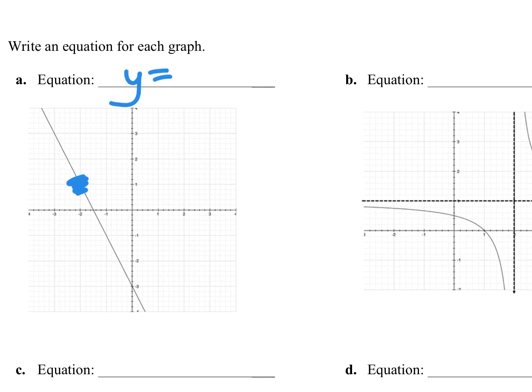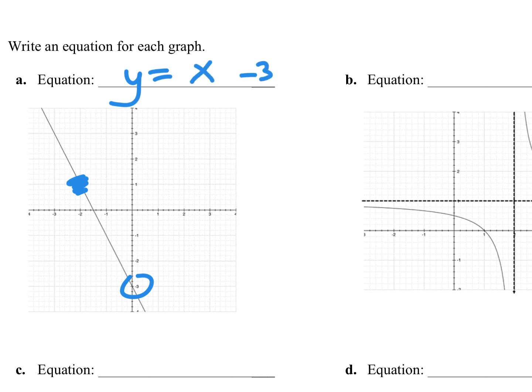So take a second right now and try to figure out the equation for this line with that y-intercept and that slope. And then when you're done writing the equation, then go back and figure out what to put in to make that hole. So I see a -3 as my y-intercept, some kind of a slope.